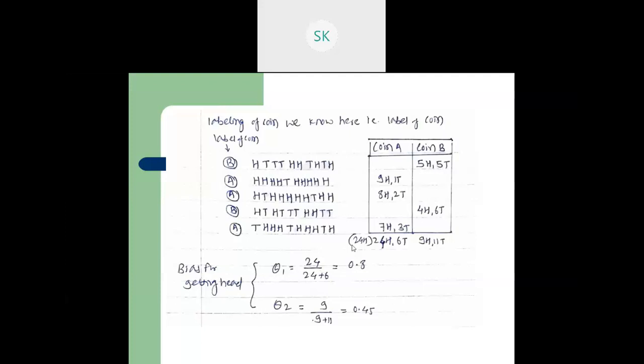Theta 1 is equal to the total 24 heads divided by the total number of samples, which is 24 plus 6, that is 30. So the probability of getting heads with the first coin C1 is 0.8, and theta 2 is 0.45, that is 9 heads and 11 tails. So this is the computation we have done.